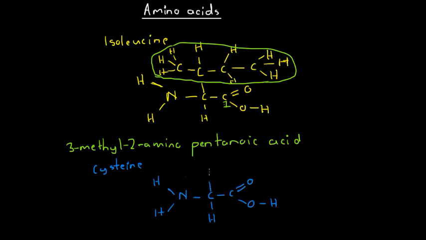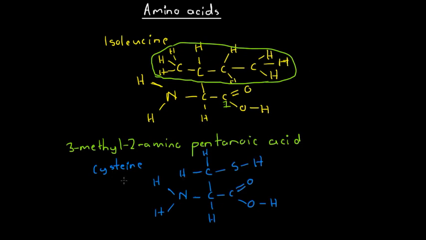And so we're going to look at how this will react. We're going to draw how the structure of this molecule will change in certain conditions. So that is the structure of cysteine.